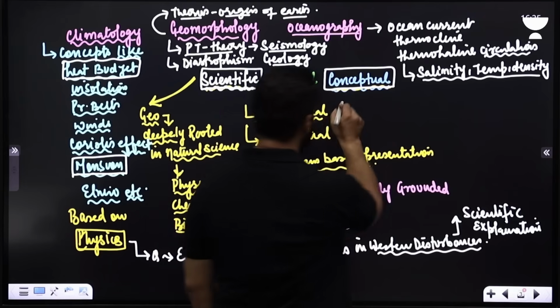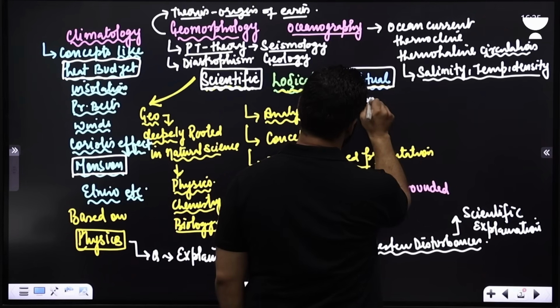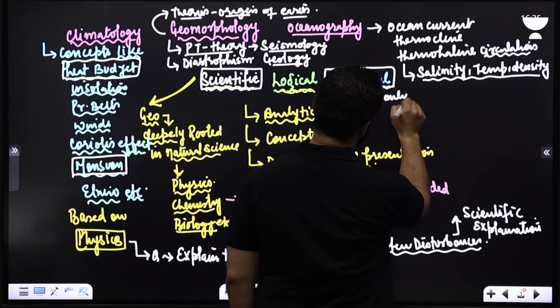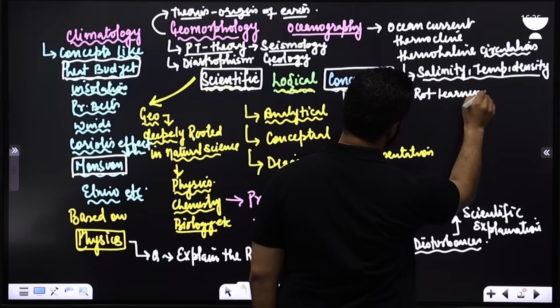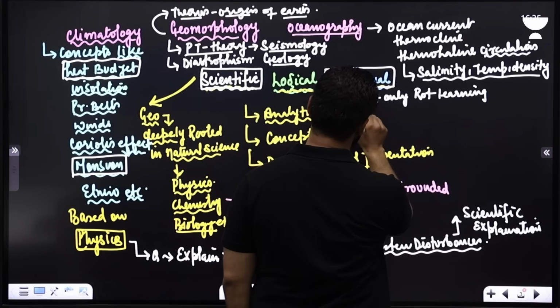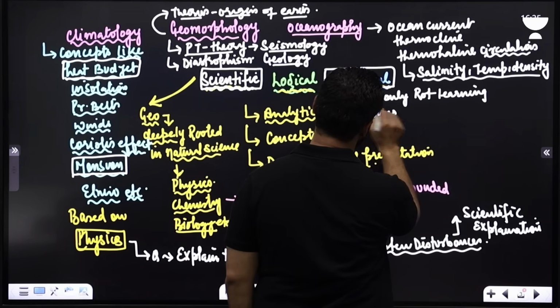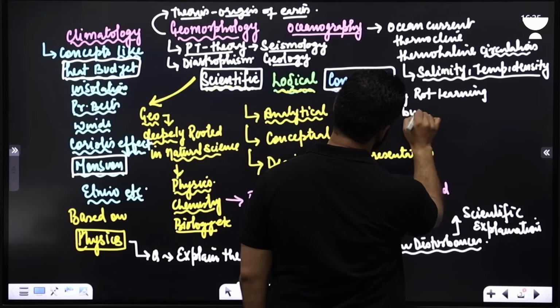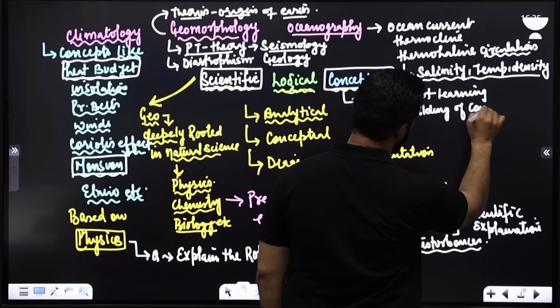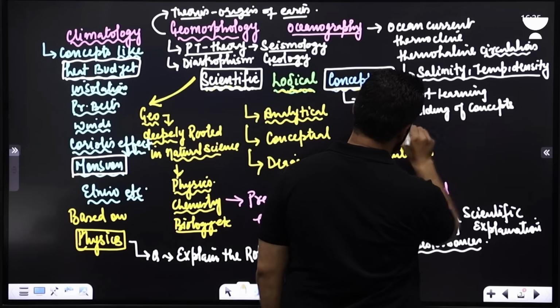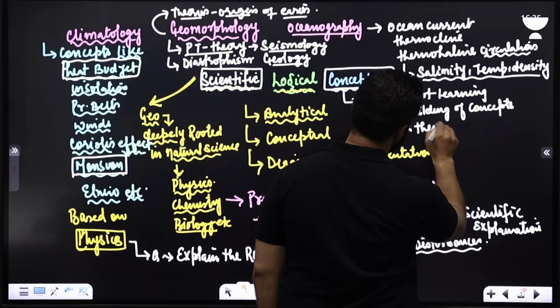Now, geography is not only rote learning. It involves building of concepts, and their application.